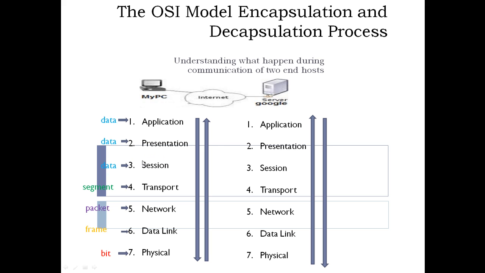And my PC needs to transmit the data to the Google server and request the web page. This process is gonna involve all these layers from the OSI model.